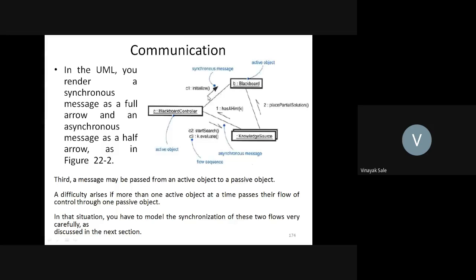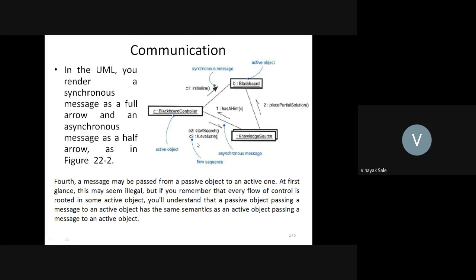This full arrow indicates that a synchronous message can be sent. This half arrow is known as an asynchronous message, and it has a flow of control: message 1, message 2, message 3, that is the flow of sequence.